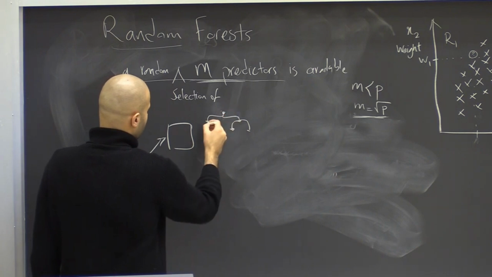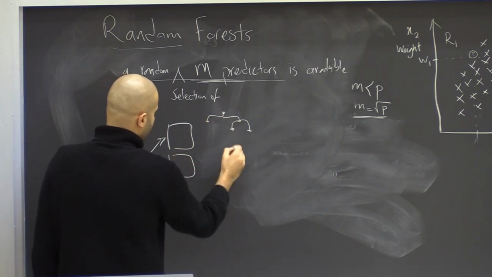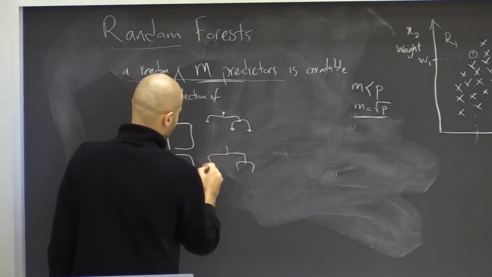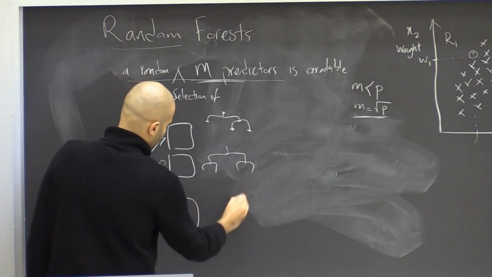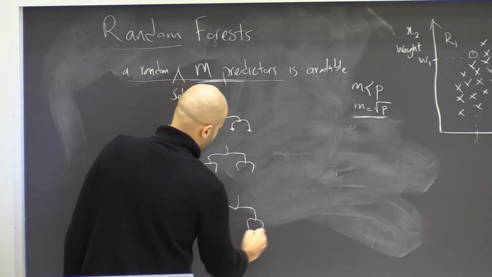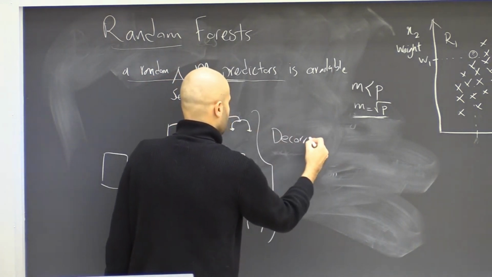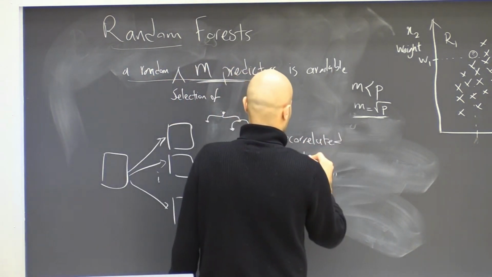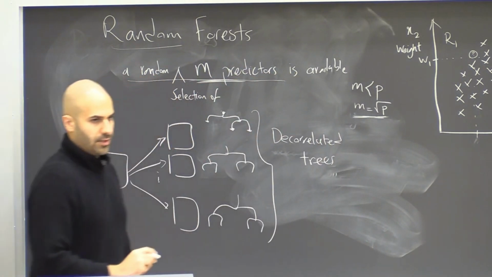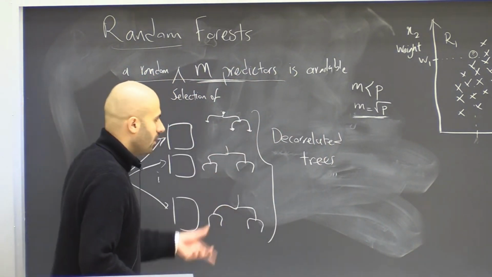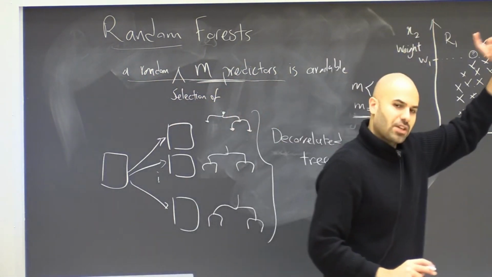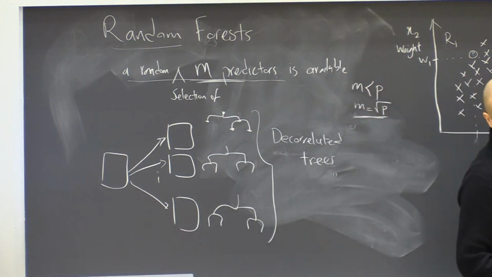So that's how we're going to end up with a number of trees. And the rest is similar to bagging. So these trees are decorrelated trees. Their correlation is relatively smaller than the correlation of the predictions from the trees with bagging.